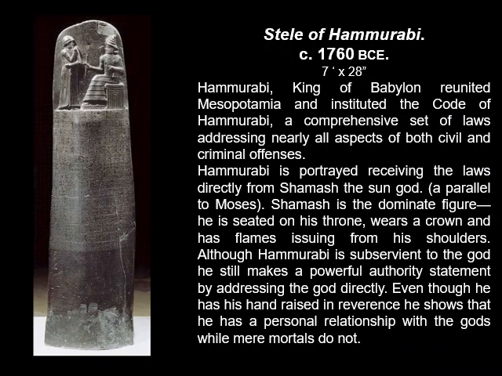The Stele of Hammurabi. We already talked about the laws that he's receiving from Shamash, but what's important stylistically about this is that Shamash is seated and Hammurabi is standing. He's receiving the laws. That's what looks like a spear almost in the god's hands.